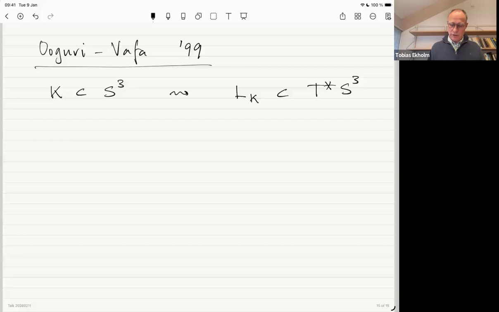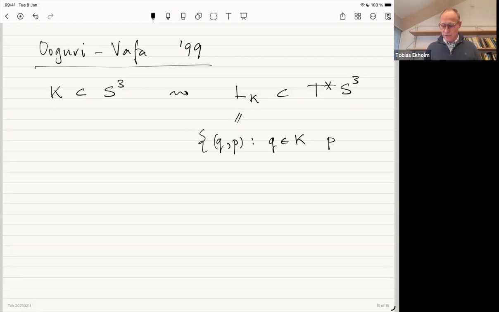This conormal is the set of points in the cotangent bundle where the coordinate sits on the knot, and p kills the tangent vector of the knot. So topologically it's S1 for the knot, and at each point of the knot you have a two-dimensional space of vectors that annihilate its tangent vector.